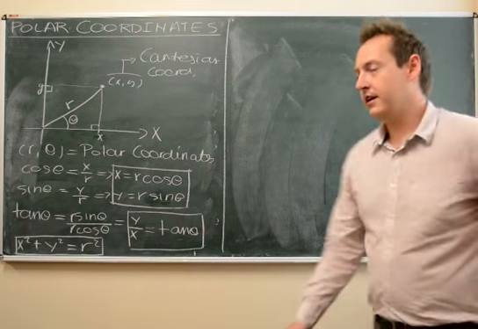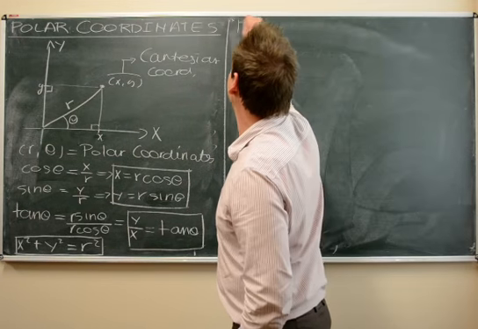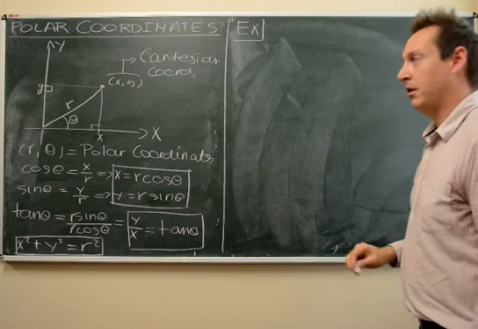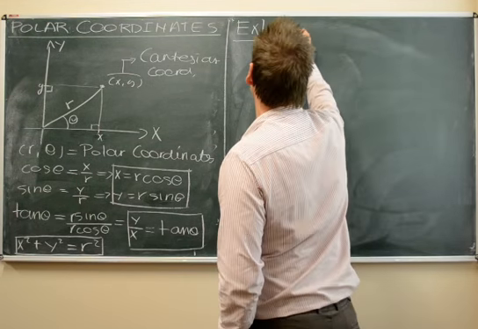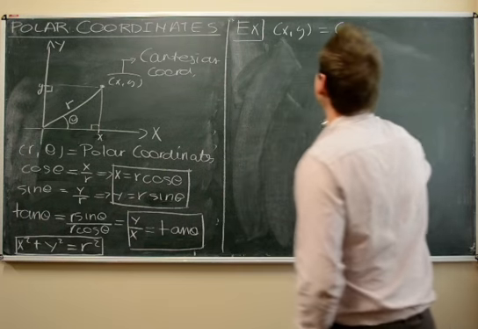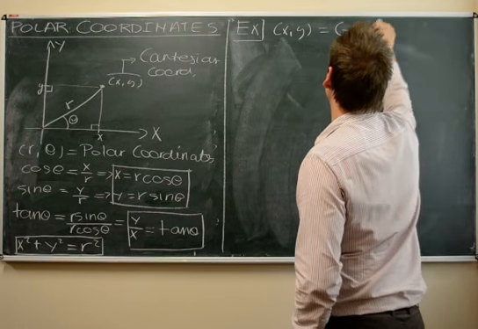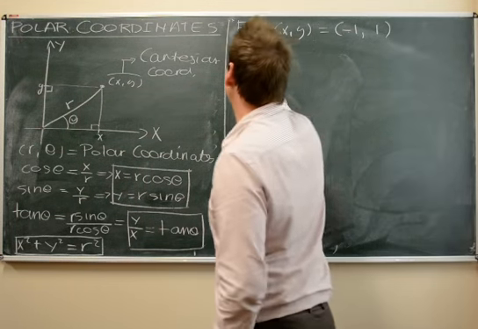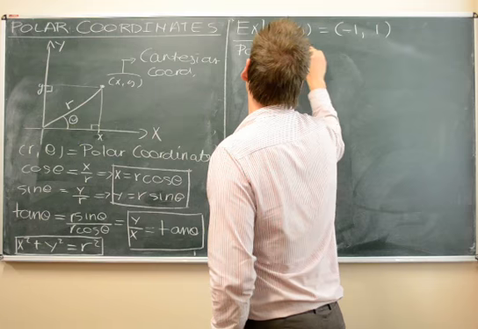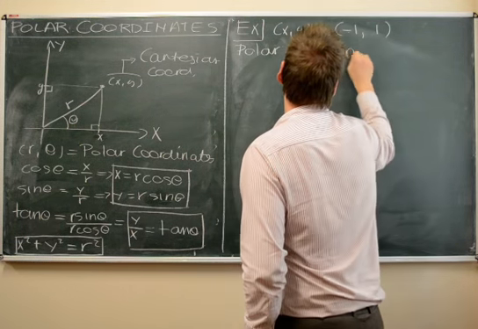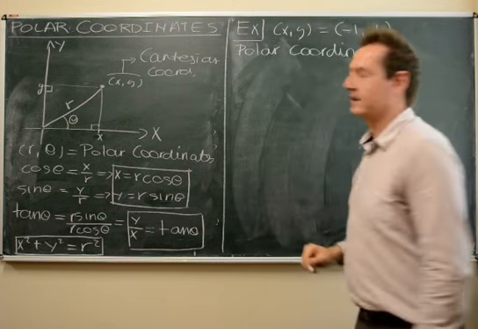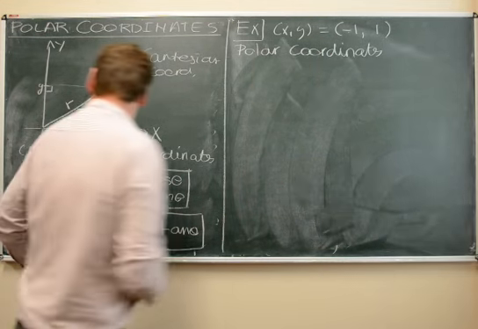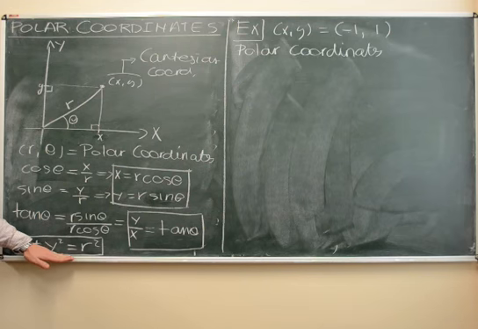Alright. So now let's look at an example of writing a point in polar coordinates. So let's say we have the point x, y is, say, minus 1, 1, and we want to find its polar coordinates. So what do we do? Well, you can use this formula to calculate r.